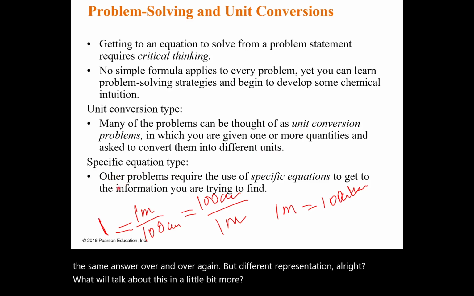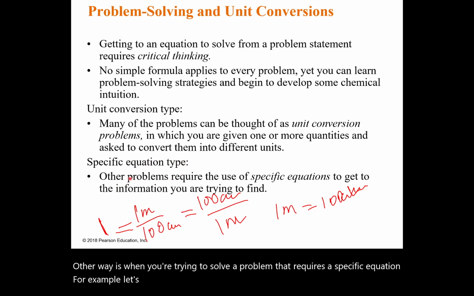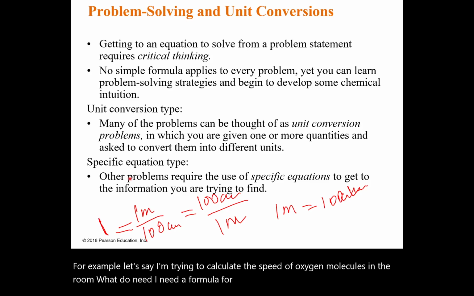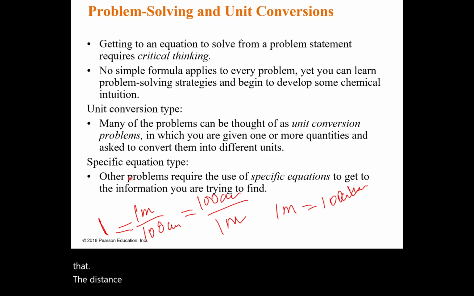The other way is when you're trying to solve a problem that requires a specific equation. For example, let's say I'm trying to calculate the speed of oxygen molecules in the room. What do I need? I need a formula for that. I need to know the distance that these particles are going to cover and the time. Then I can take distance over time, I get speed.